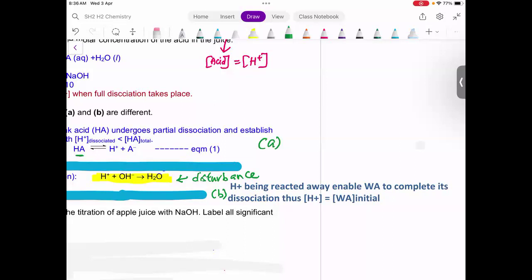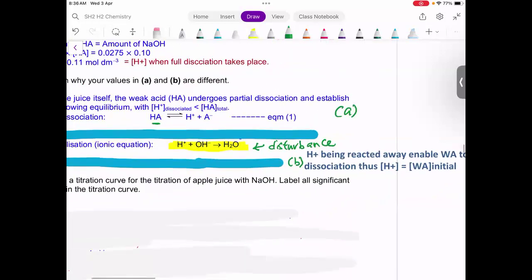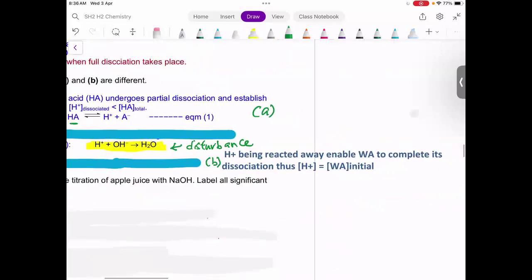Right, so if you're comfortable with this, then we'll look at the titration curve. Any question to ask about this part?